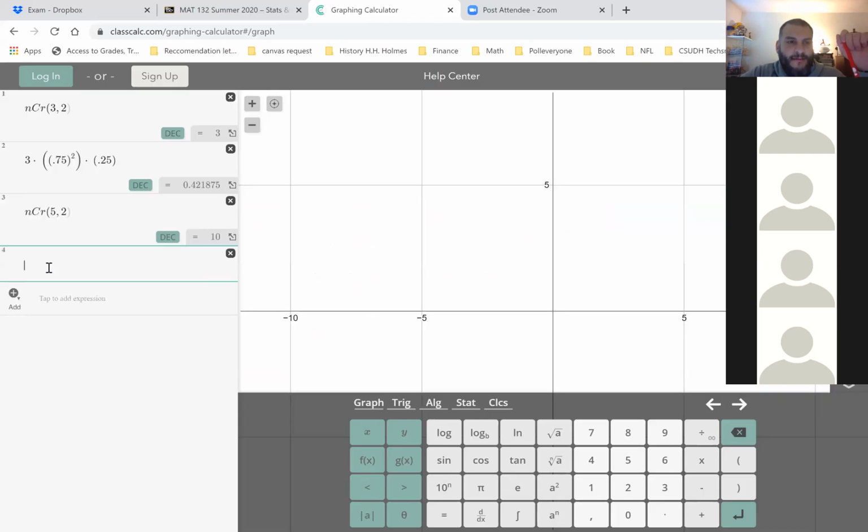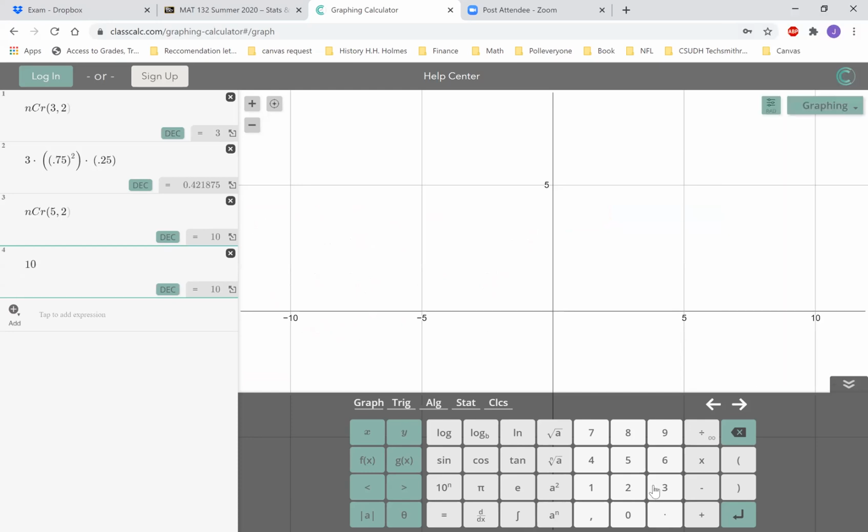So on ClassCalc, we'll say 10, and then we'll multiply this by 0.58. So this one you want to be careful because you want to do it to the second power, so you want to use the to-the-second key. Cool. And then you want to multiply that by 0.42.